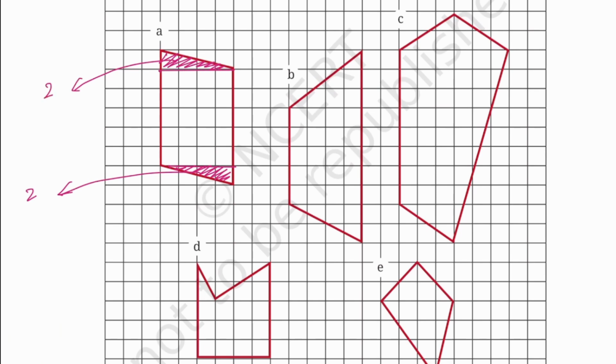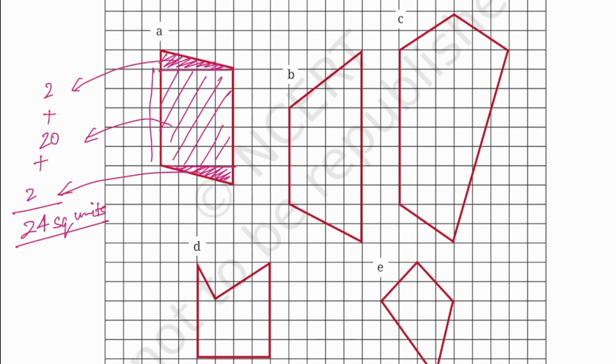Similarly, this non-colored rectangle has length 5 and width 4, that is 5 into 4, 20 square units. Adding all these, you will get 24 square units. The area of this figure is 24 square units.